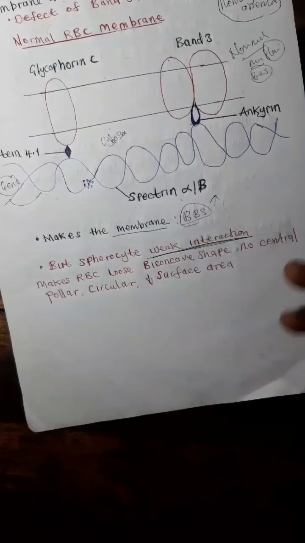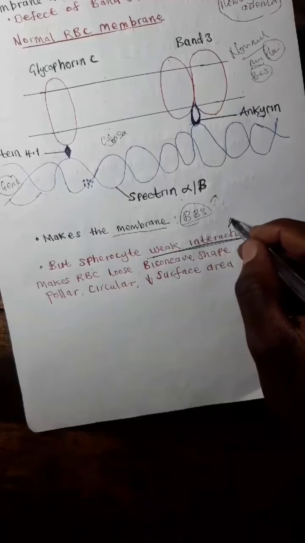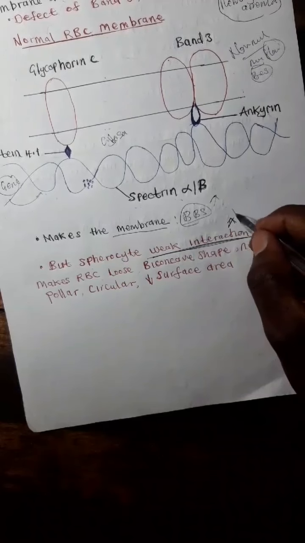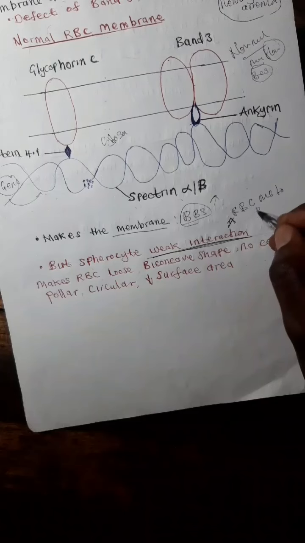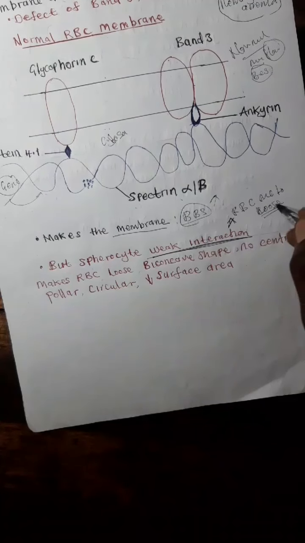Weak interaction can lead the red blood cell membrane to lose its biconcave shape, reducing the surface area, and it becomes spherical.